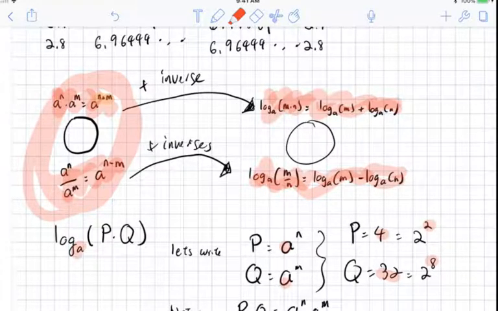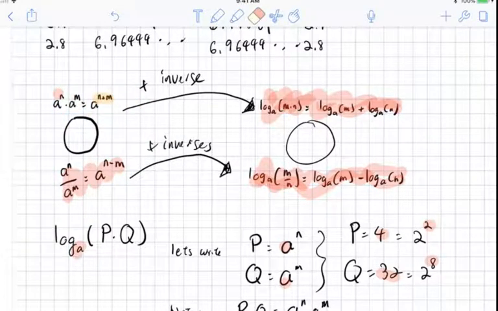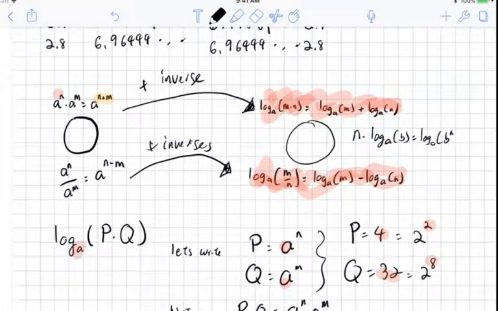Okay, well, before I go on, there were two other sides to these triangles, right? There was one over here that was n times log a of b is equal to log a of b to the n. I had another one over here that was a to the n times m is equal to a to the n, to the m, right?